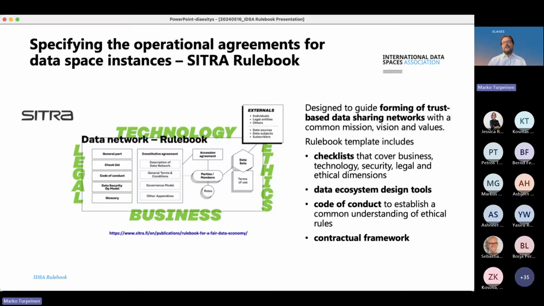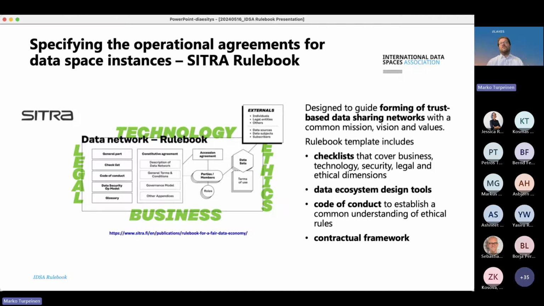The point is that in addition to standardized ways for data ecosystems to define who they are, what the roles are, and how we deal with ethical or security issues and so forth, the model openly available from CITRA also includes contractual templates. So when you want to set up a data space, this is the constitutive agreement you need to have. If you want to onboard someone, this is the accession agreement.